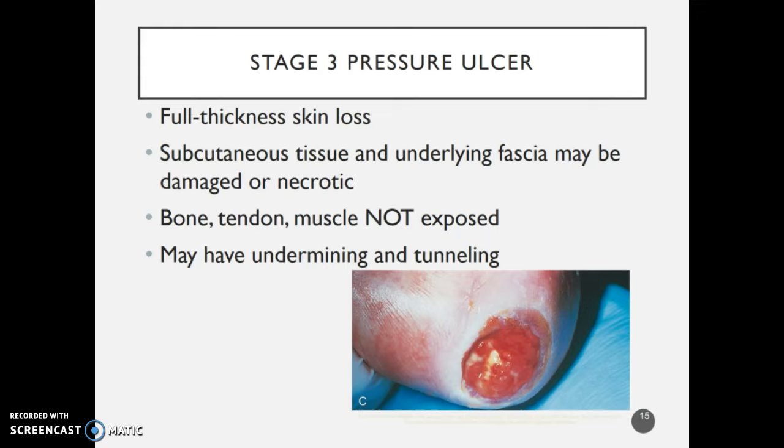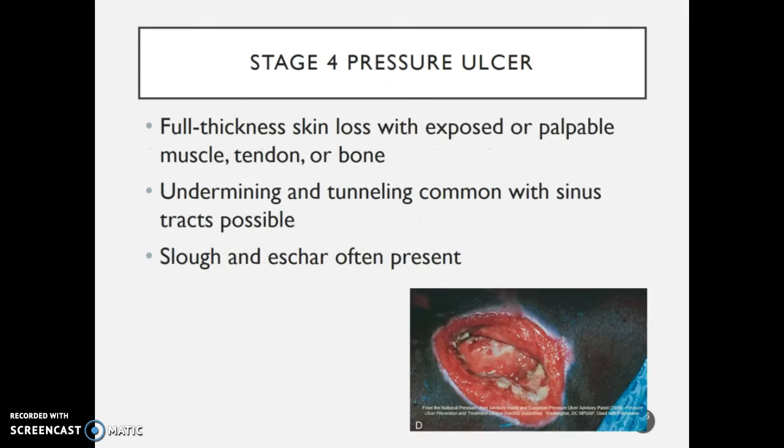Stage 3, you can see, is a full thickness skin loss where you begin to see subcutaneous tissue and underlying fascia. Sometimes there can be some necrotic area around the edges, but you don't see bone or tendon or muscle exposed. And then stage 4 is a full thickness skin loss with palpable exposed muscle, tendon, or bone.